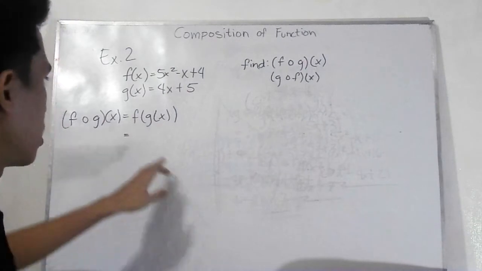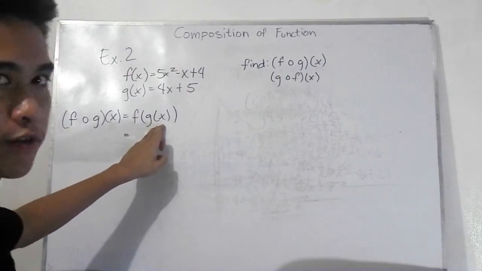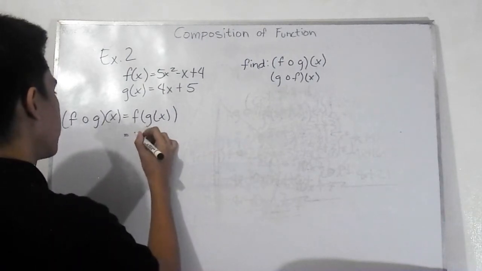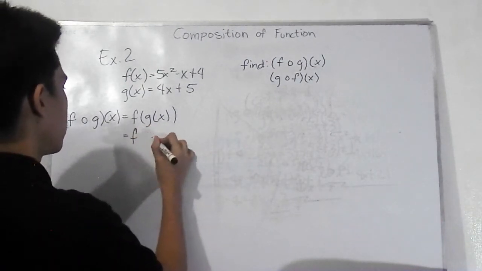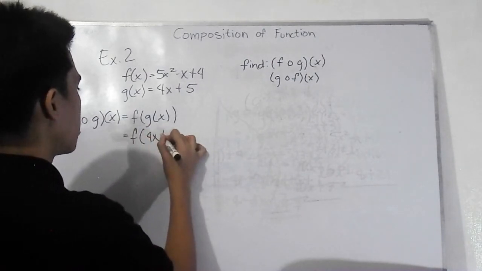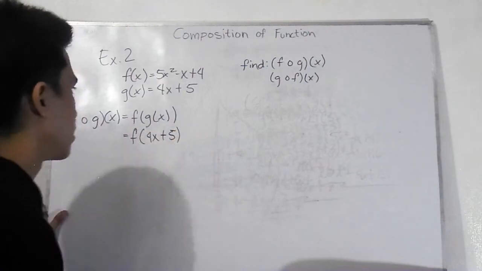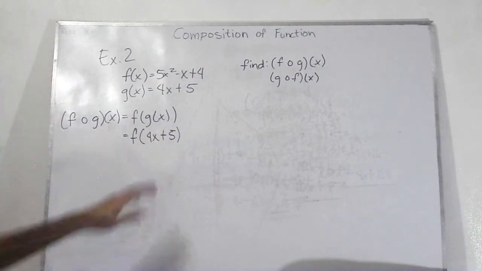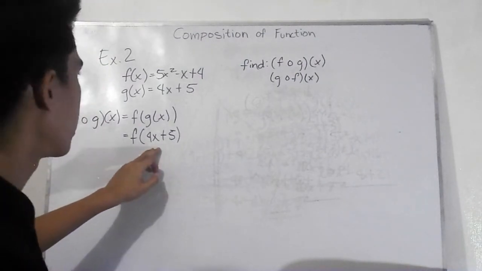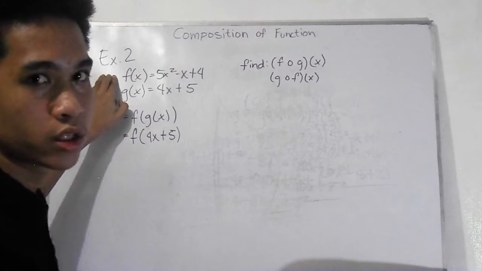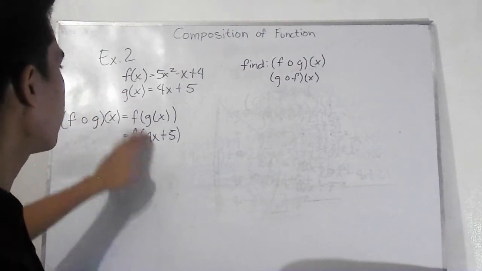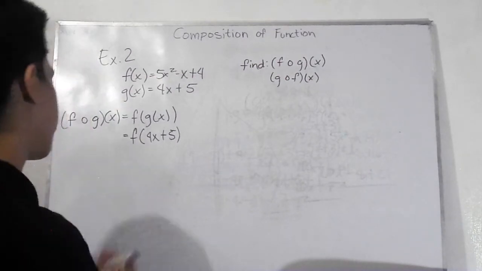Next is substitute the value of g of x. f of 4x plus 5. So this input here will now be substituted in the value of f of x.